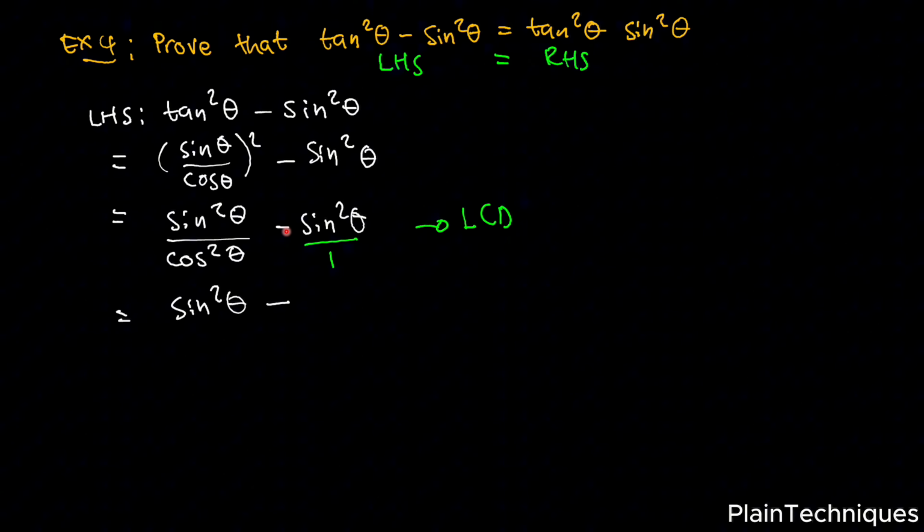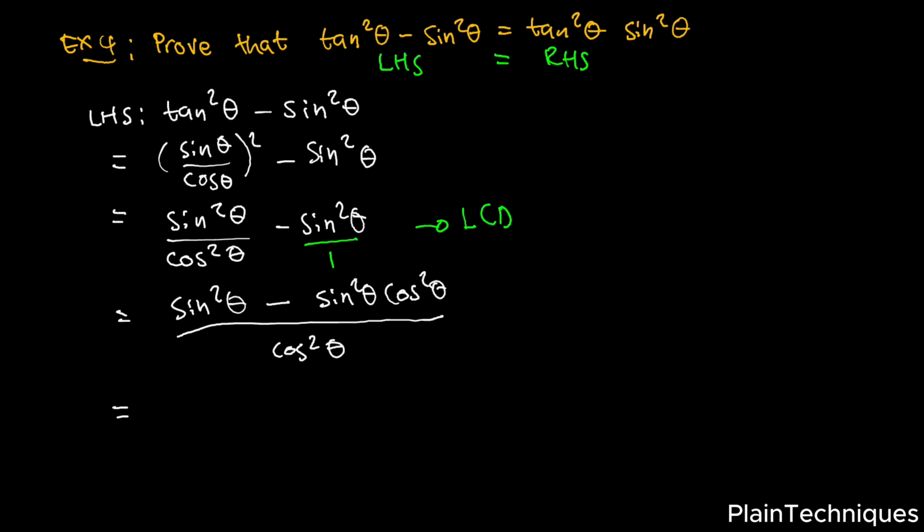Now you need to multiply this with that denominator. So what you'll have is sine squared theta cos squared theta, divided by cos squared theta, because this denominator will multiply that. So cos squared theta multiplied by 1 is cos squared theta, right? Doesn't change.